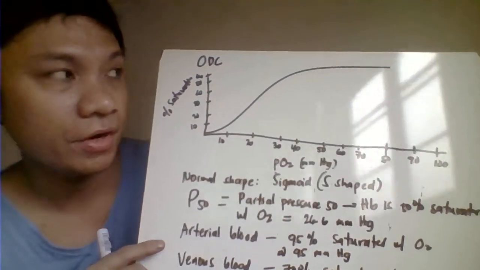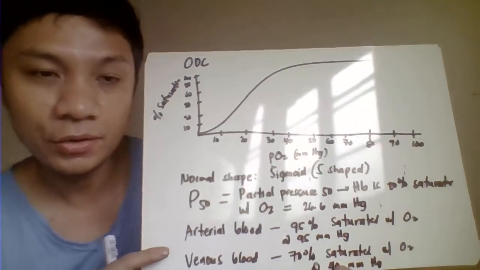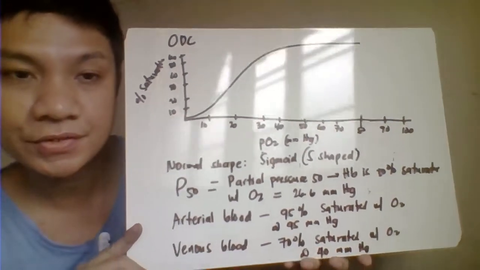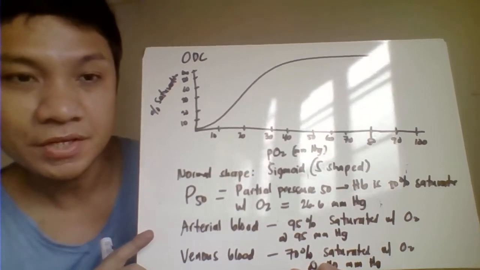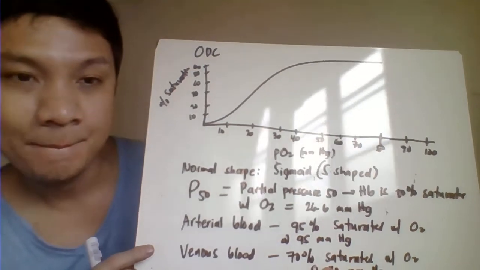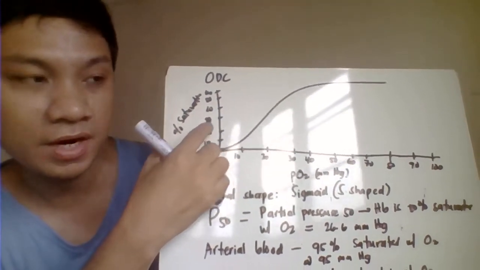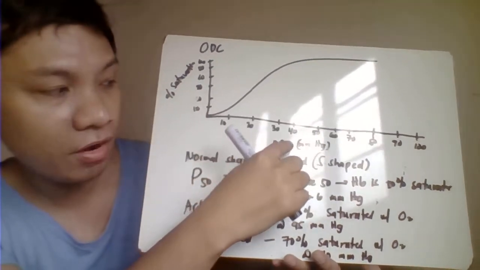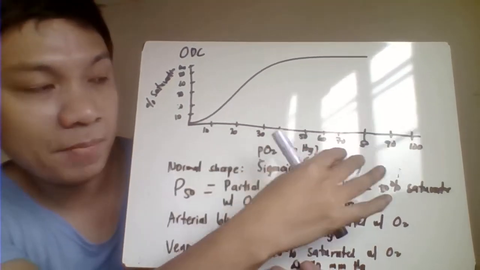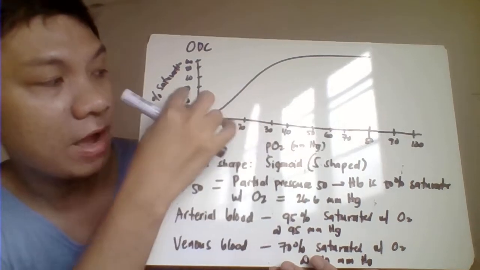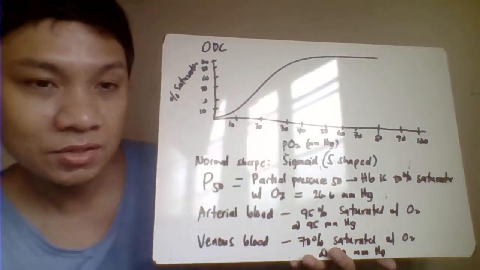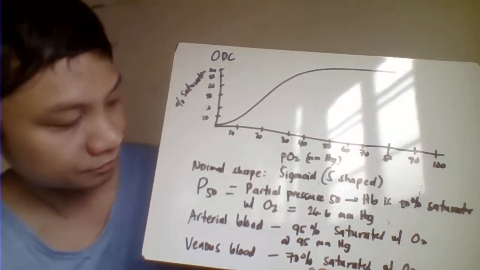Okay, now we go to your ODC, or again, ODC stands for oxygenation curve. So the oxygenation curve just represents the relationship between the percent saturation of your hemoglobin with your oxygen. Dito ay partial pressure ng oxygen. Ito ang percentage ng saturation ng ating hemoglobin.